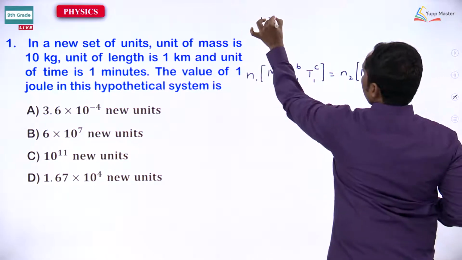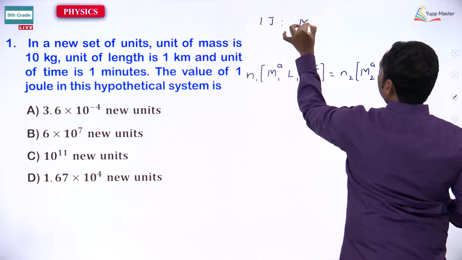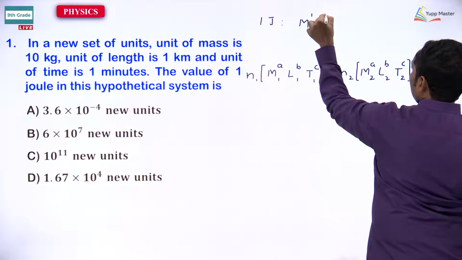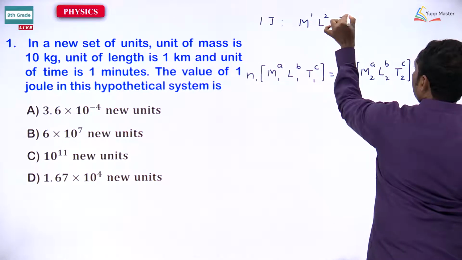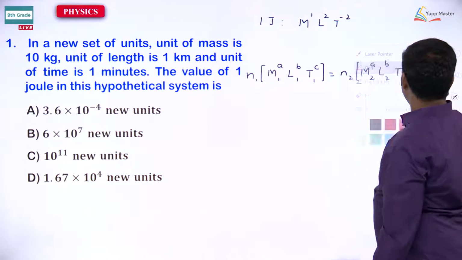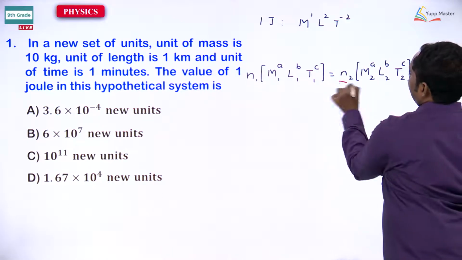For 1 joule, it is M power 1, L power 2, T power minus 2. It is very clear. So your aim is to find n2.